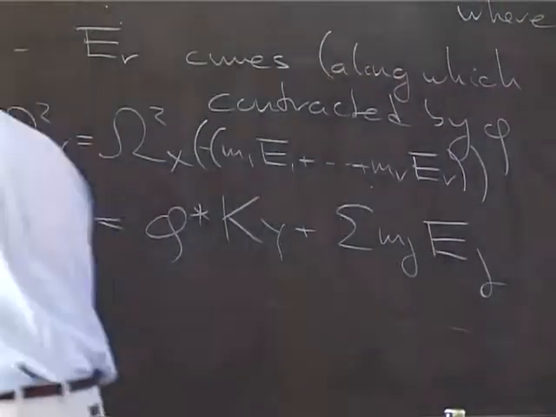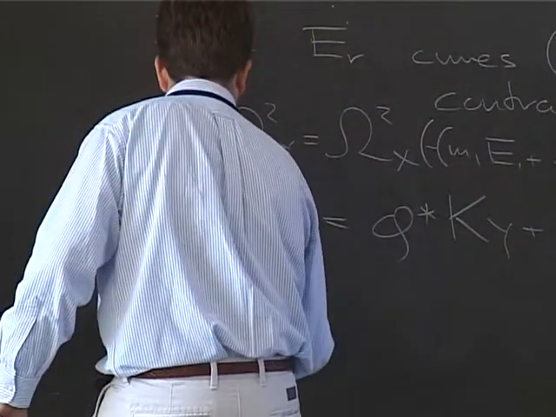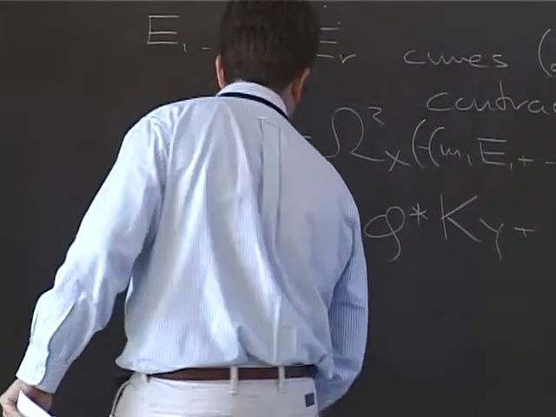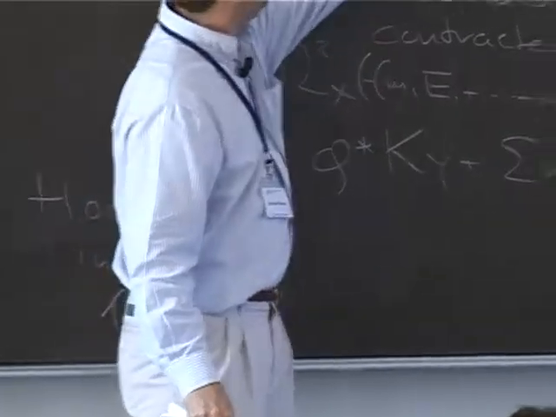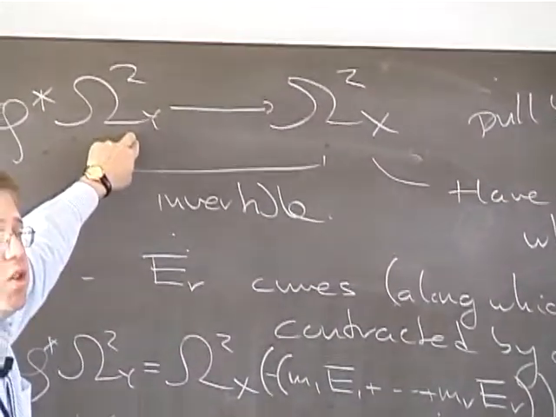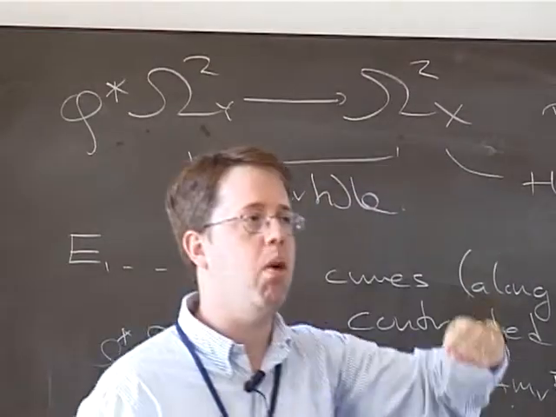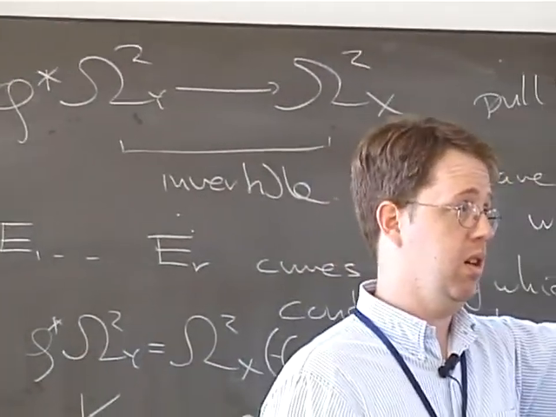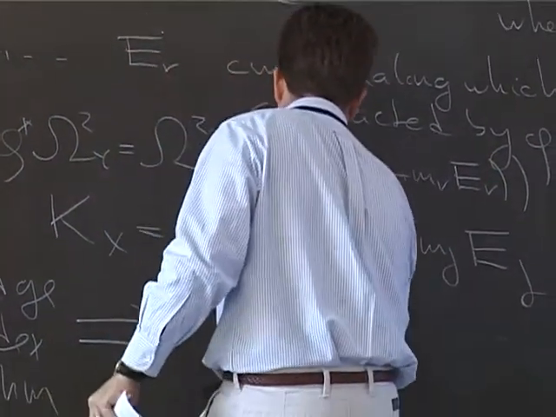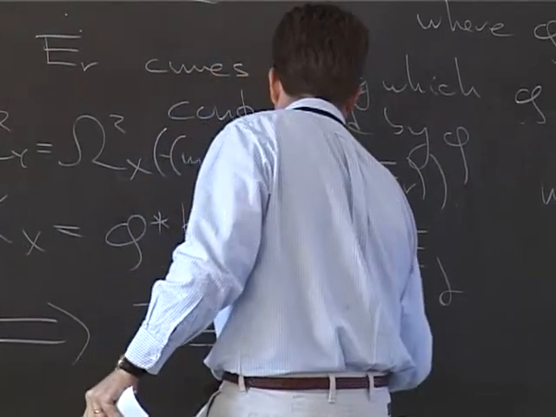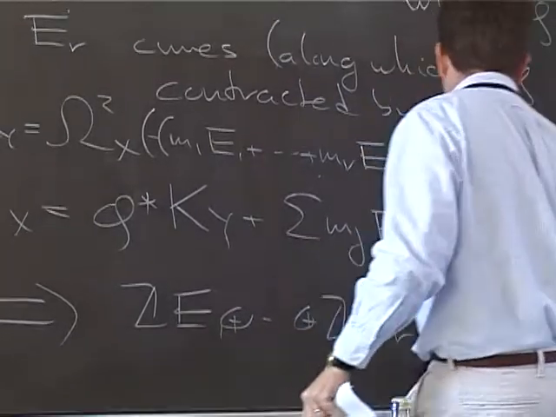So now I need to use something. We have the Hodge index theorem. What that says is that I have a whole boatload of positive divisors on y. Y is projective after all. So anything that's exceptional for the morphism has to be negative. So this implies that the intersection form is negative definite.